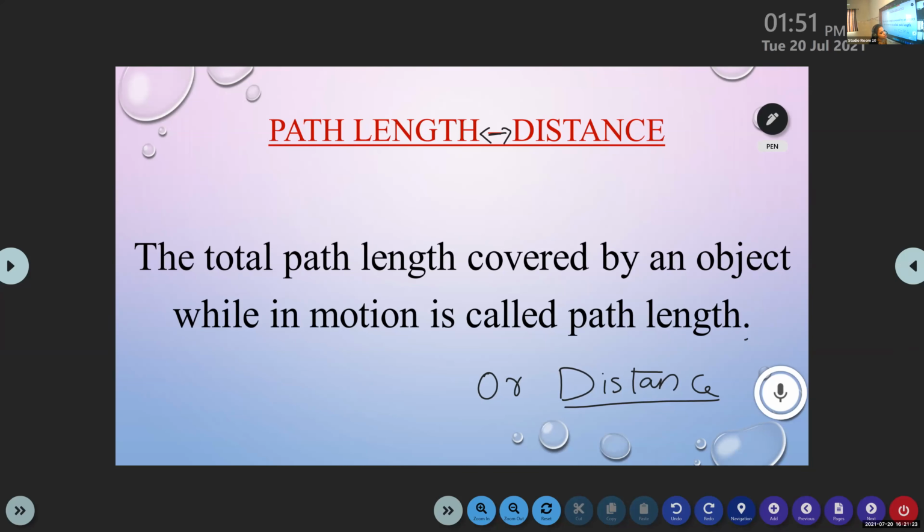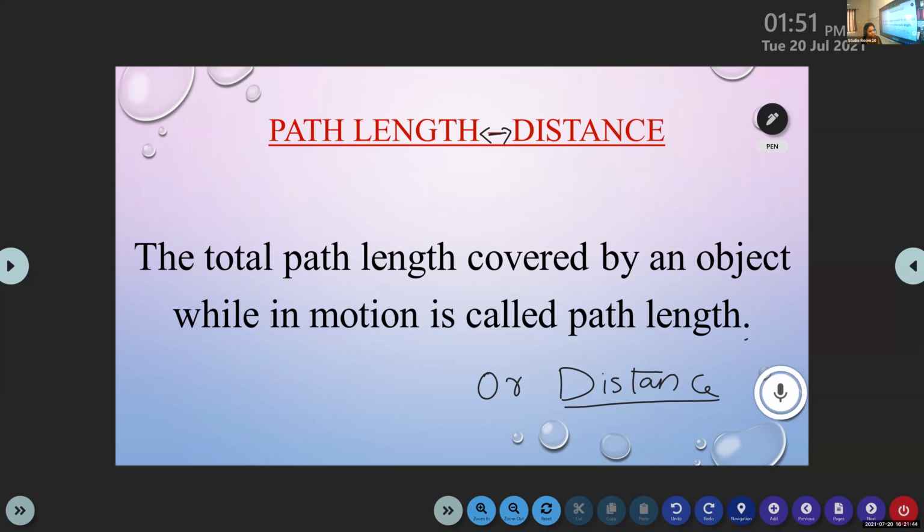Then the same question to Fahis. What is the dimension of distance? Dimension. Meryl. What is the dimension of distance?